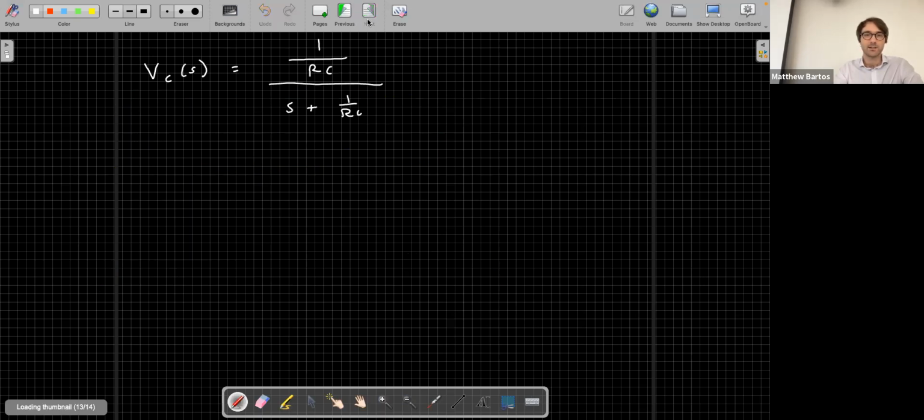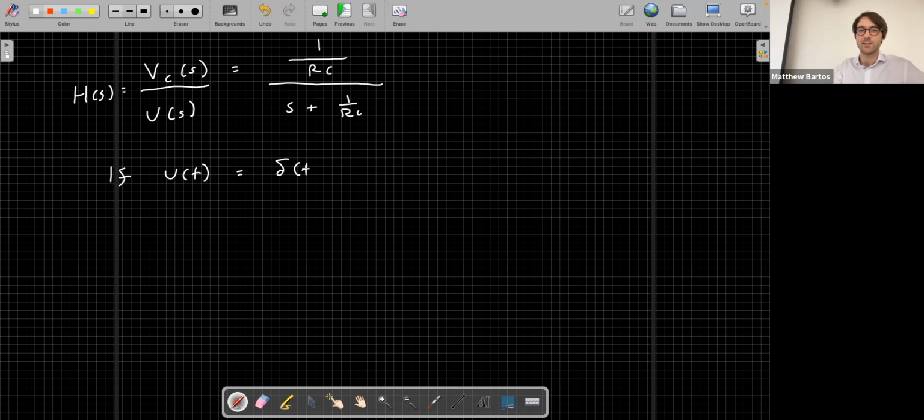Then our transfer function is actually Vc of s over U of s, which is equal to H of s. But it's equivalent to finding the response of the system when the input is a unit impulse. So if u of t is equal to the Dirac delta, then H of s is equal to Vc of s.